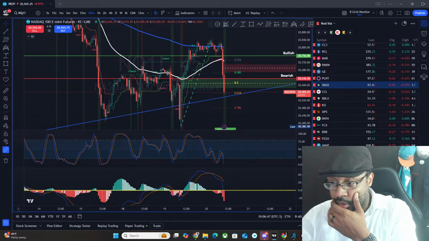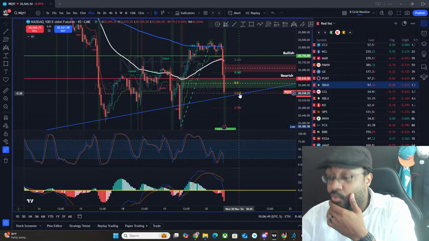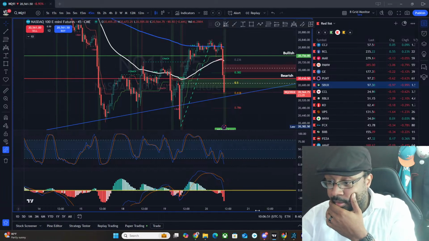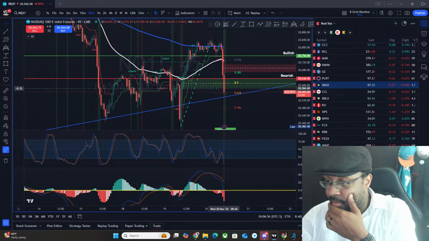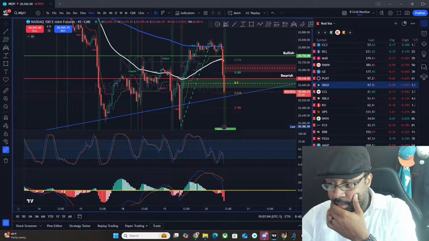Lower lows. Come on, take the wick and make a lower low like you've been doing all morning. You're smelling like you want to bounce. Come on, lower low. Get to that trend line. Don't you dare come up here. Come on, baby.